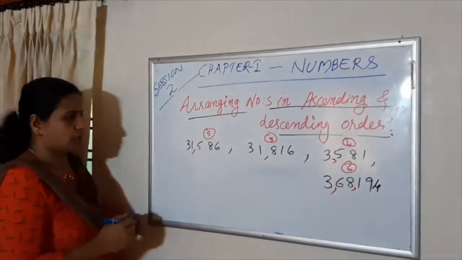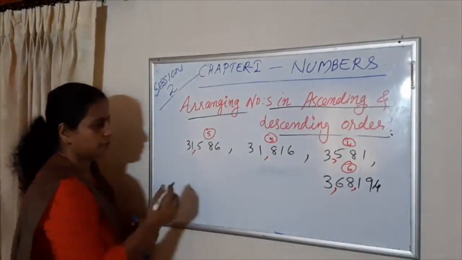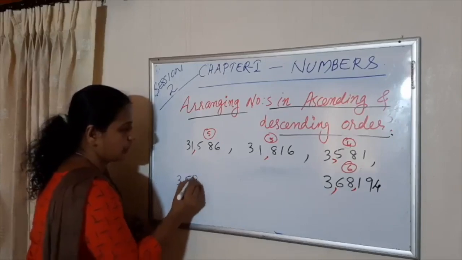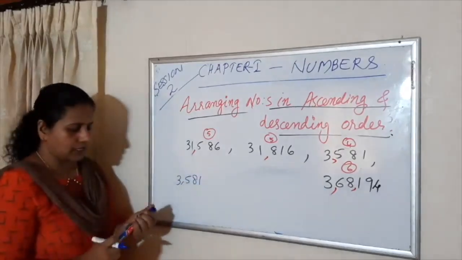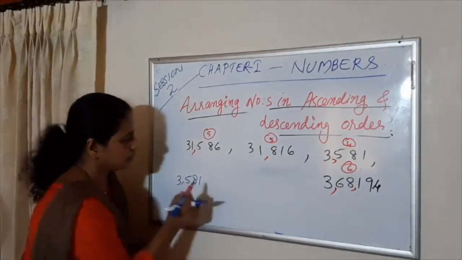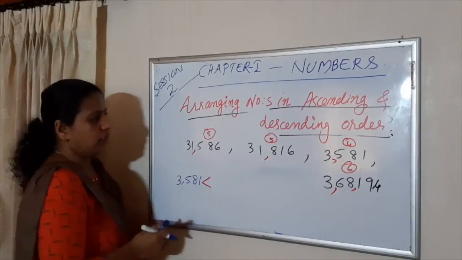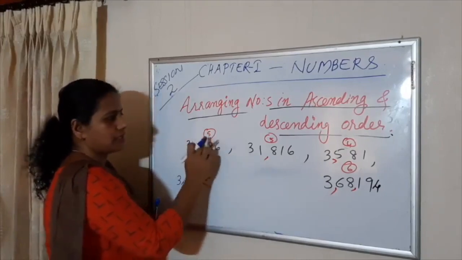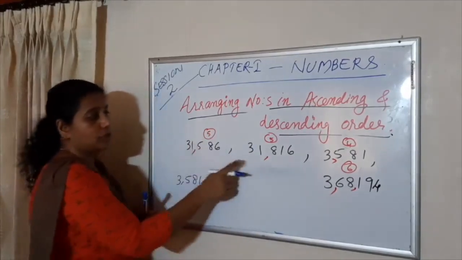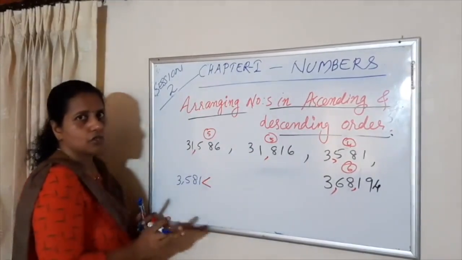So first you write 3581. It is the smallest number.